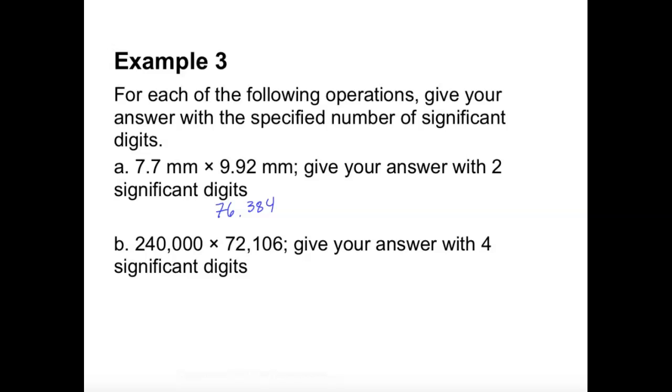But we only want 2 significant digits. So the only 2 significant digits we will keep are the 7 and the 6, which means we need to round to the ones place. We're paying attention to the 3. That just tells us, okay, truncate. So 76, and then our units, millimeters times millimeters, would be square millimeters.